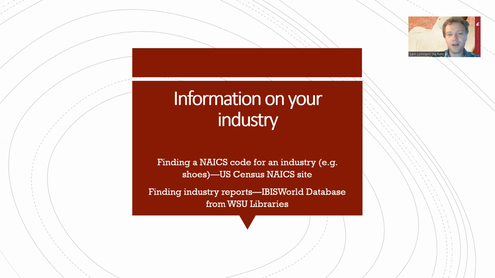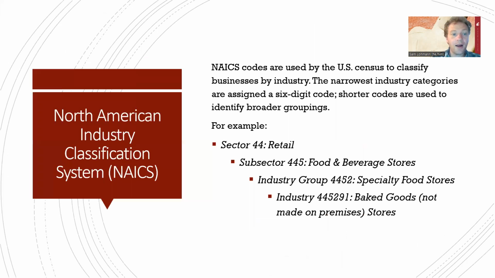And to really target that search for a particular industry, it's helpful to have what's called a NAICS code, which is a code used by the US government to classify businesses into particular industries. It stands for North American Industry Classification System, and the NAICS codes are 6-digit codes that are built up from broader categories that are fewer numbers than that.